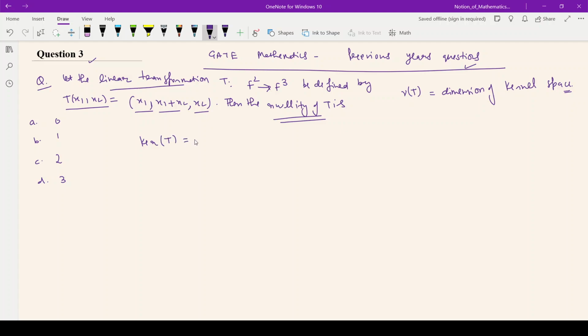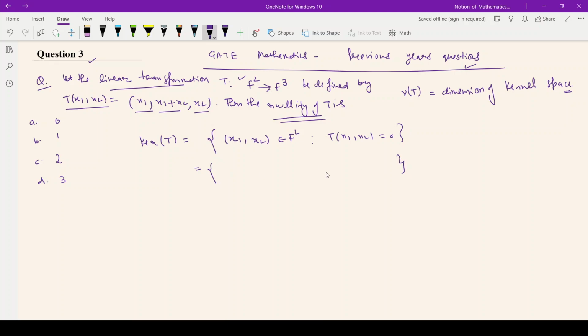Kernel of T is the set of those elements (x1, x2) which belong to F squared as per this question, such that transformation of (x1, x2) equals 0. So students, how can I write it?